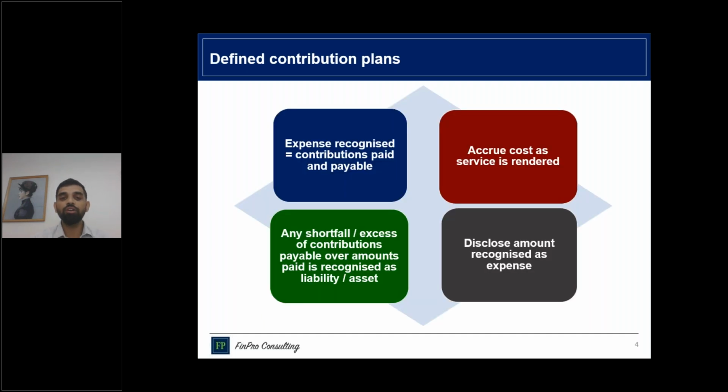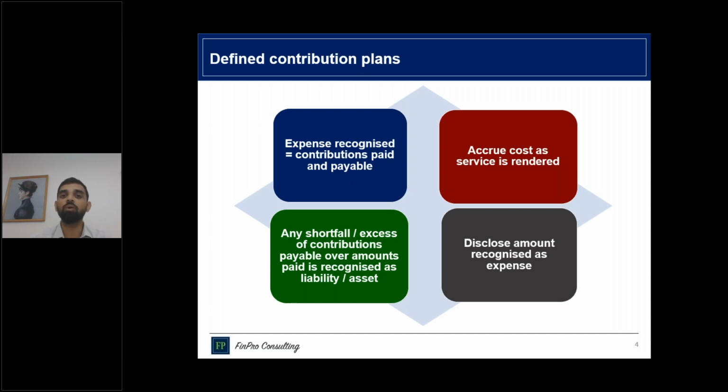Now, for a defined contribution plan, the accounting is pretty simple and straightforward. It is just like accounting for any other short-term employee benefit. So whatever contributions that you are making to the trust on a monthly basis, that amount is accrued as and when the service is rendered.